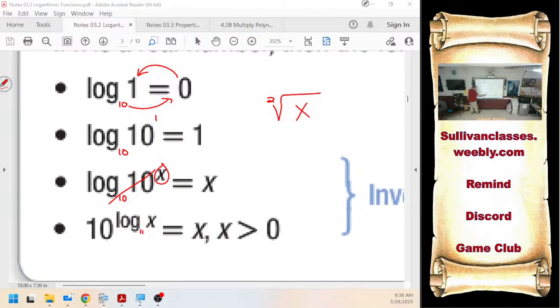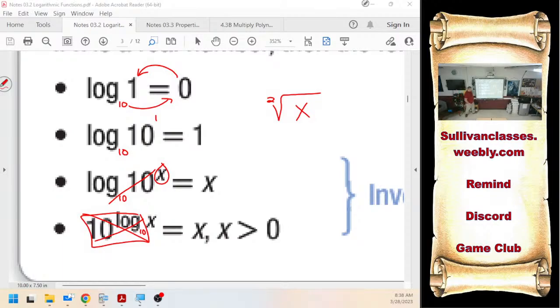Base and the base of the exponent are the same. Cancel. But they are careful to say that x has to be greater than 0 because it's in a logarithm. Remember, thou shalt not take log of non-positive. So they have to have that catch to it and say, but it has to be positive.